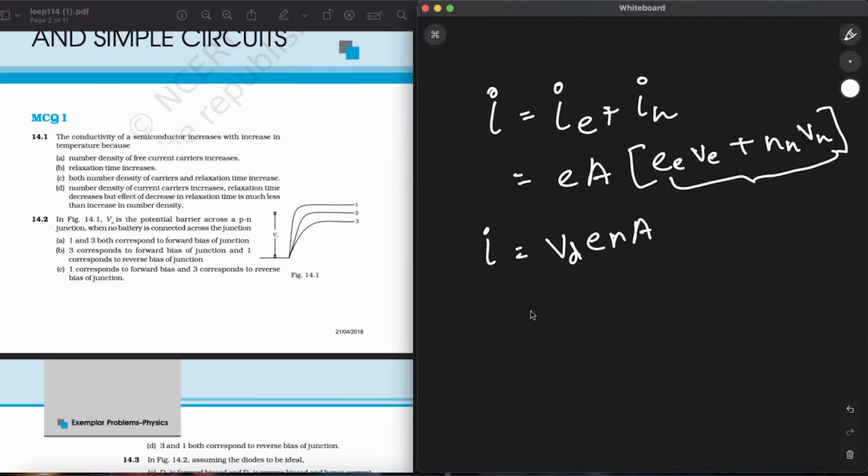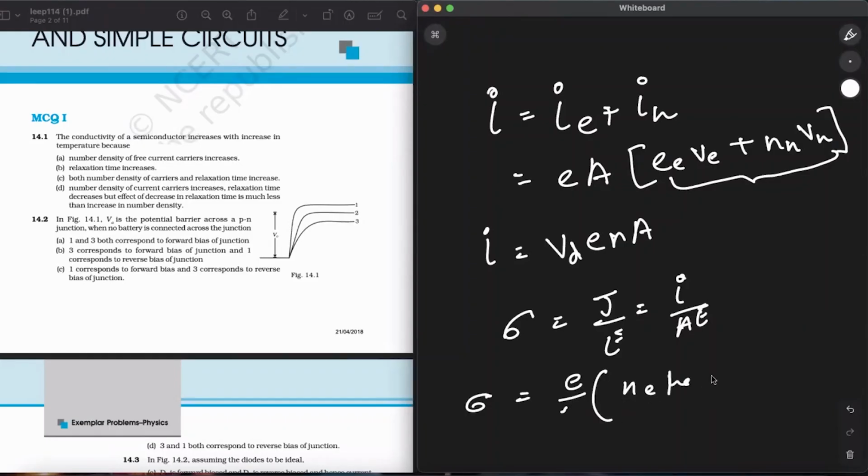Now as we know that sigma is equal to J by E, that means I upon A E. Now conductivity of a semiconductor will be sigma equals, I'll put I and divide by A E, so it will be e upon E. Sigma will be e times (n_e mu_e plus n_h mu_h). Here v_e is the drift velocity of electrons, v_h is the drift velocity of holes, and E will be the applied electric field.